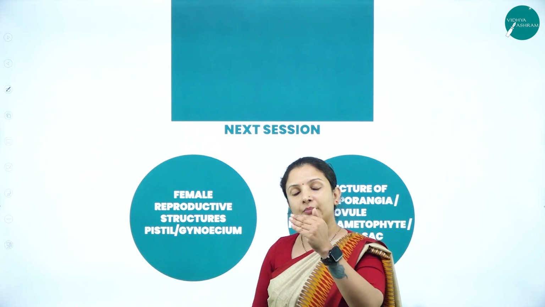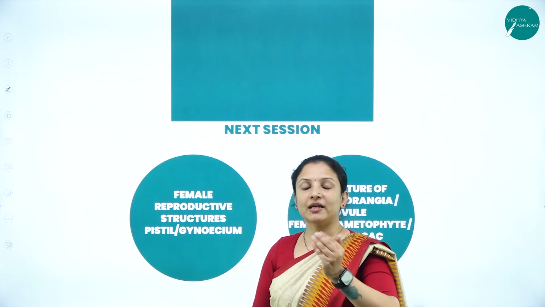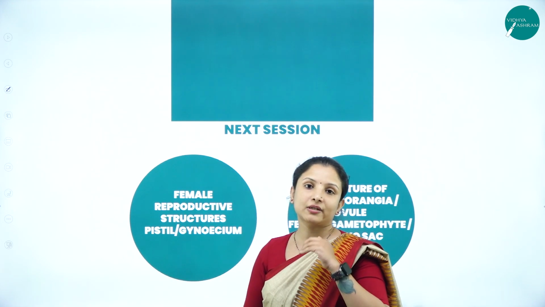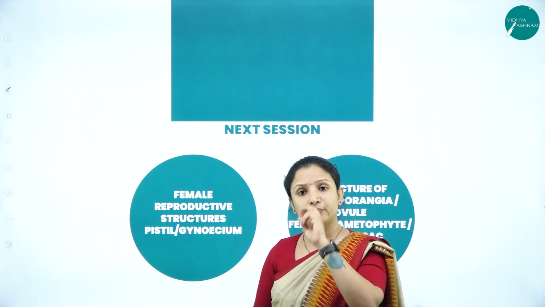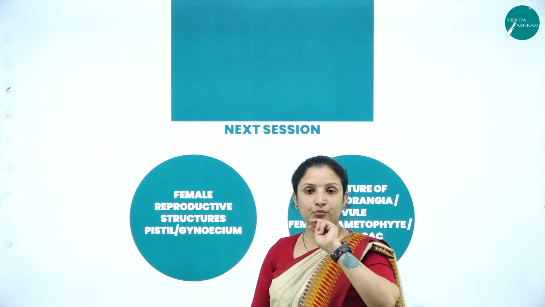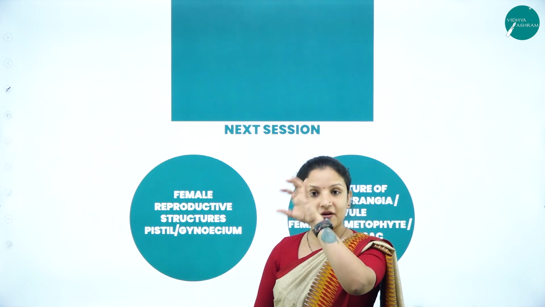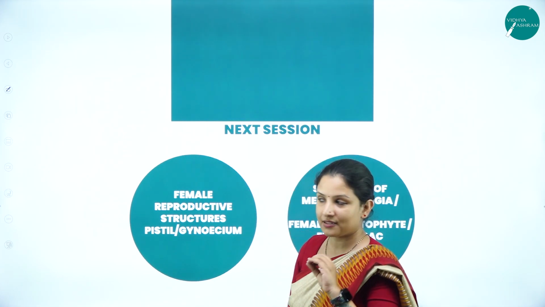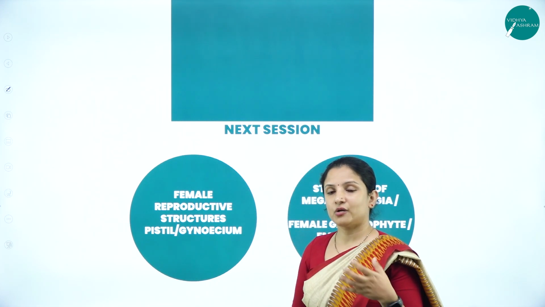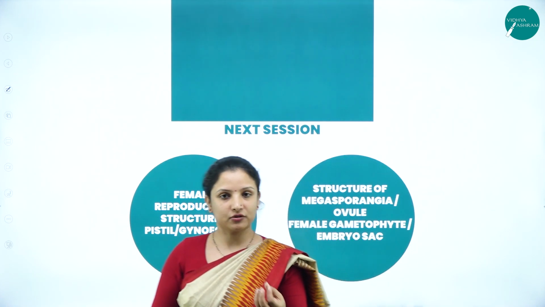Then we got to know about the structure of the pollen grain: inside it consists of the vegetative cell and the generative cell, and it is covered by two important layers. One is the toughest layer called the exine, and the other is the thin layer called the intine. And we also got to know about the advantages and disadvantages of the pollen grain.